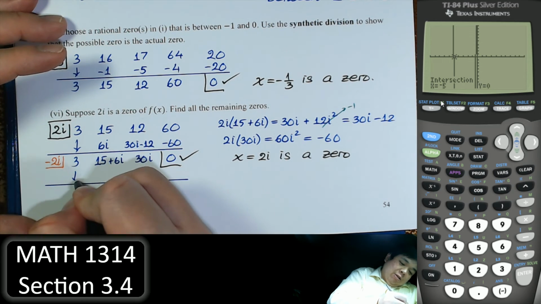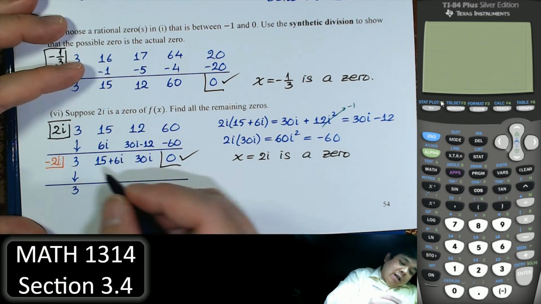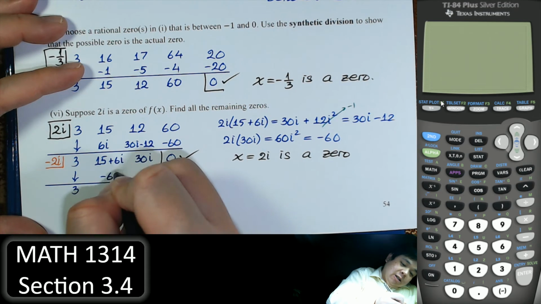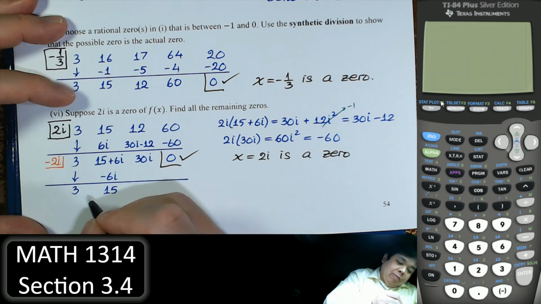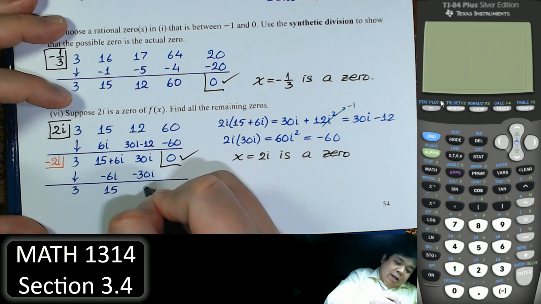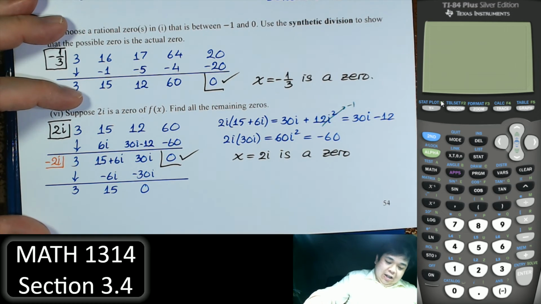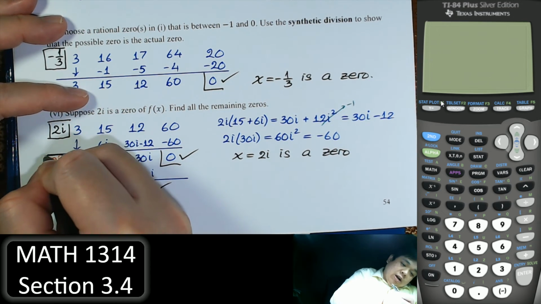Write out 3. Don't have to go back to the original one. That's negative 6i. Well, 6i and negative 6i cancel out 15. And multiply this, negative 30i, cancel, 0. Once again, this is a 0. So negative 2i is a 0.